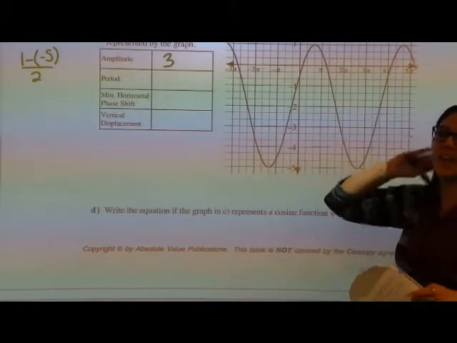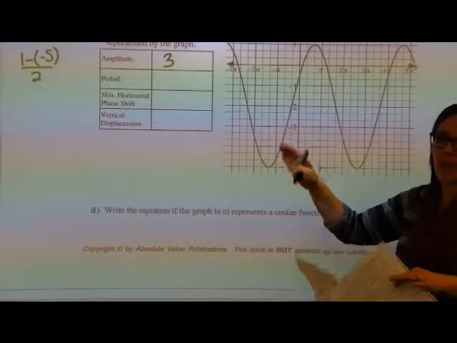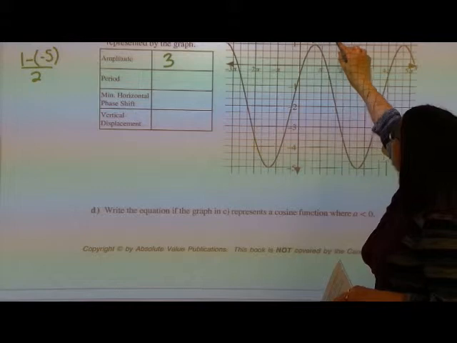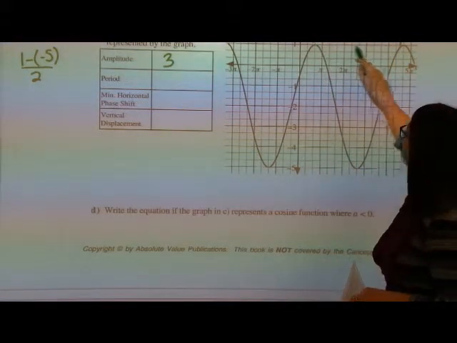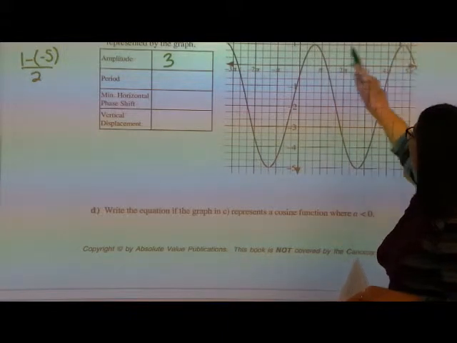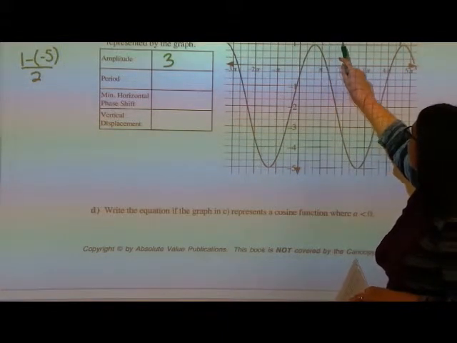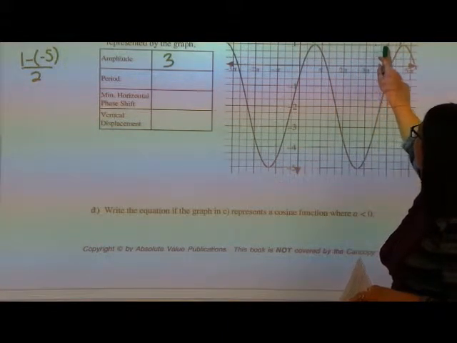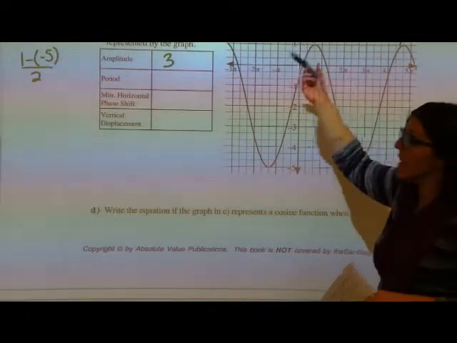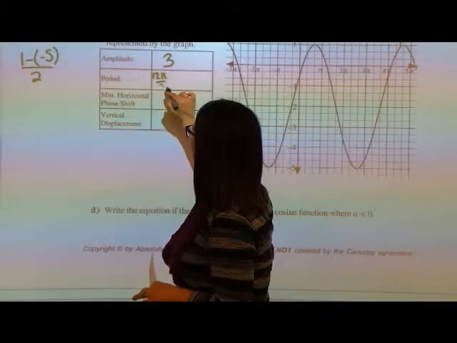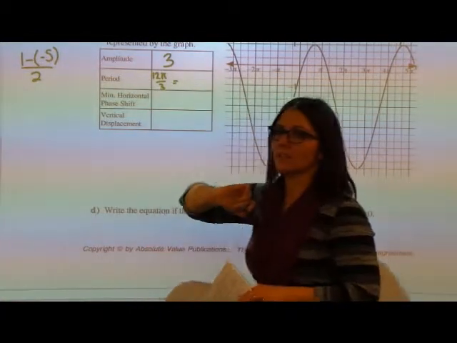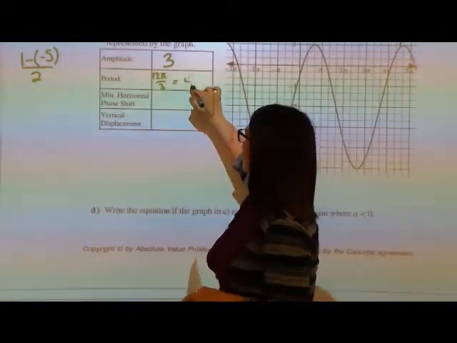I want to pick points that I can easily find, because I want to look at that repetition. So if I calculate the distance from here to here, I've got 1, 2, 3, 4, 5, 6, 7, 8, 9, 10, 11, 12. And each of these were a pi over 3. So my period is 4 pi.